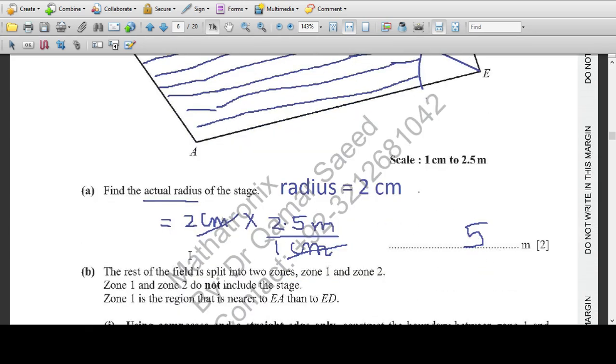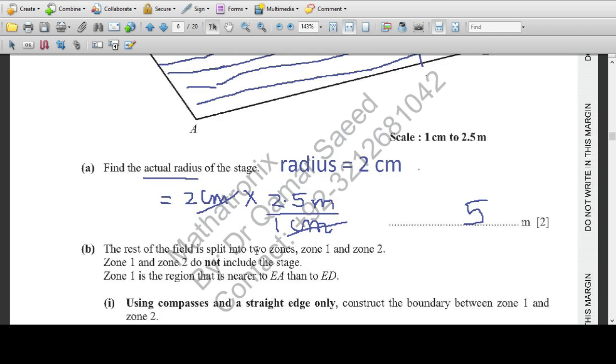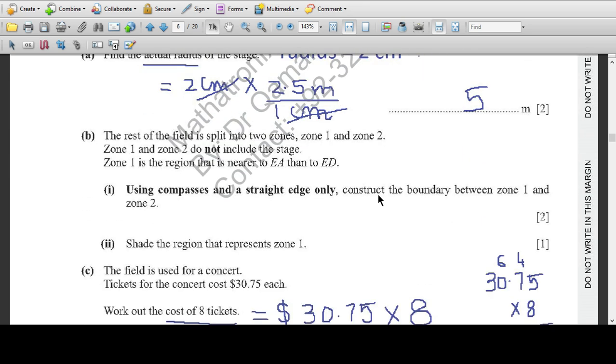Now part B: the rest of the field is split into 2 zones, zone 1 and zone 2. After leaving the stage, the rest of the part has been divided into 2 zones, and zone 1 and zone 2 do not include the stage.